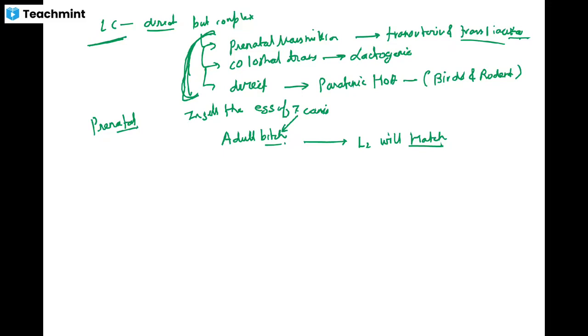Then L2 will migrate to liver, lung, kidney. So during migration there is no development. अगर L2 है तो इन ऑर्गन में जाके वो L2 ही रहेगा. There is no development during migration.